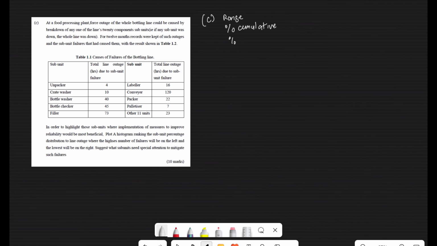You have the subunit. Okay, subunit is this one.